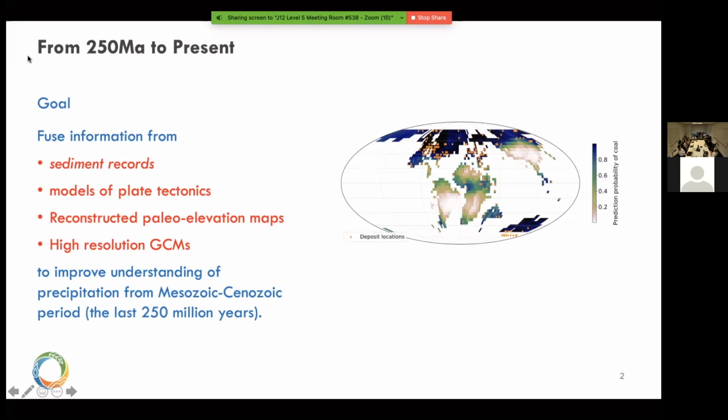There are reconstructed paleo elevation maps, showing how high various parts of the planet were. And then a couple of high resolution GCMs, and I can now say I actually know what they mean: general circulation models, not global climate models. Thanks, Nandini. These help improve our understanding of precipitation.